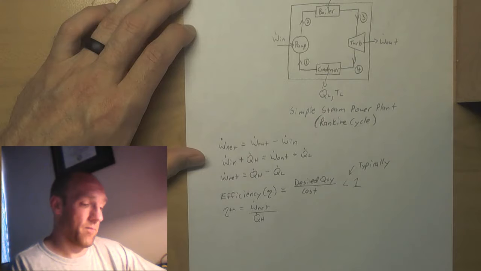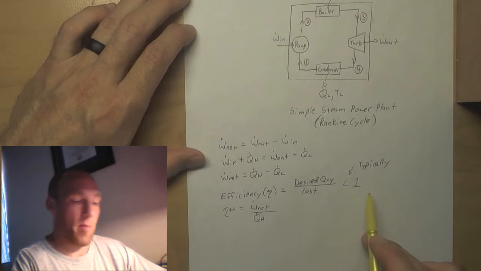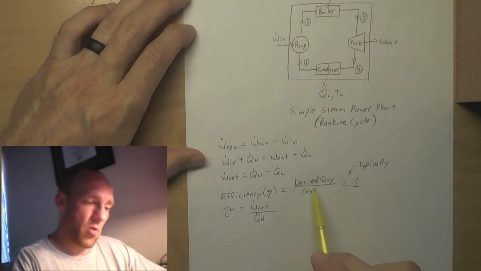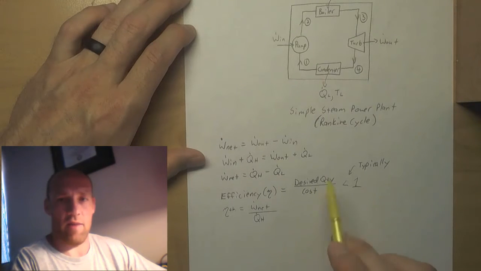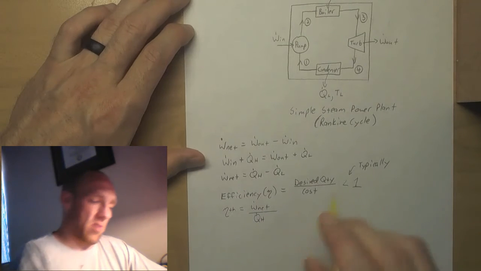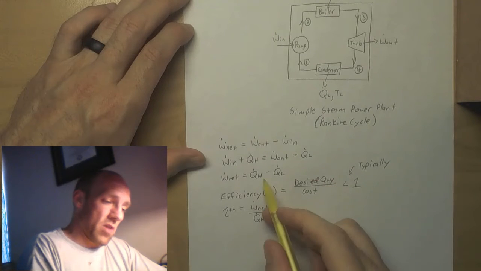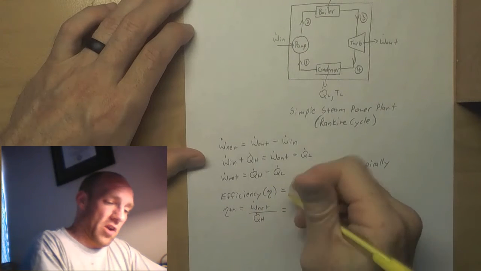Okay? Again, efficiency is a dimensionless quantity. So the desired quantity and the cost have to have the same units. In this case, we got power divided by power, which is unitless. All right. So I can rewrite this using this expression here.